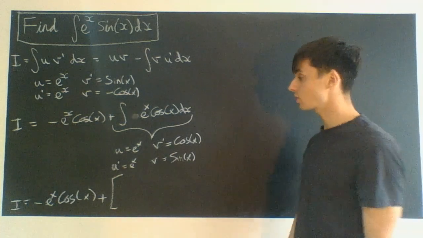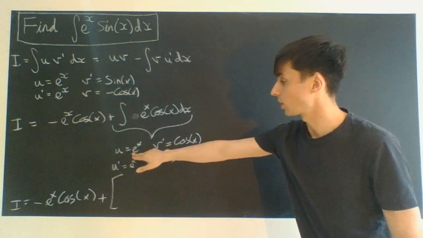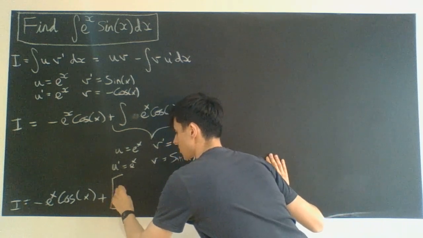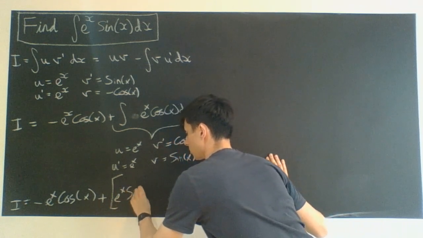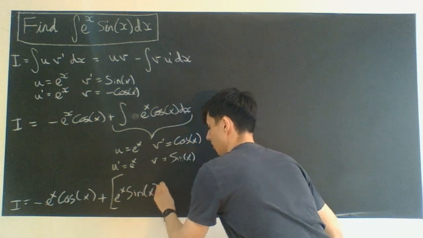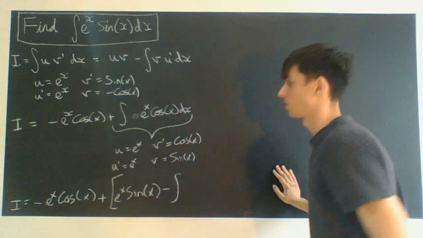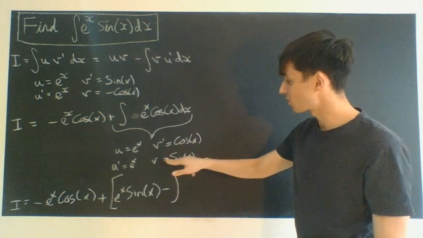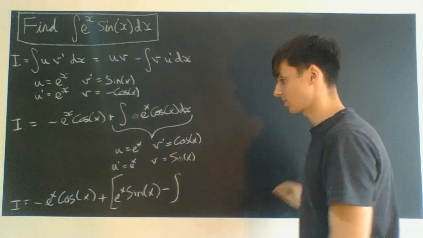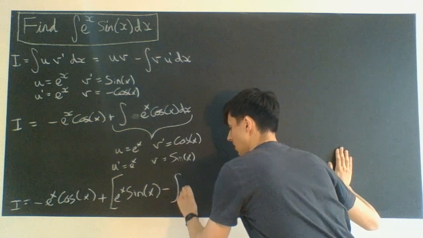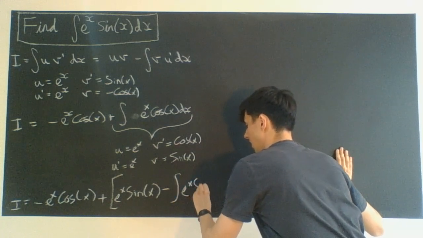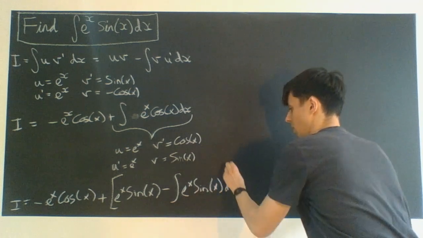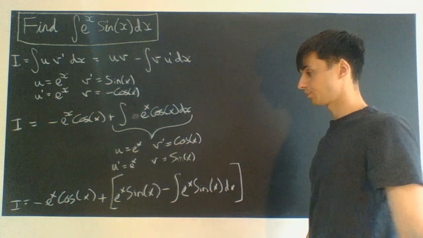And by applying integration by parts again, we can see we've got uv, so we've got e to the x sine x minus the integral of v du dx. That comes out of this formula. So v du dx is going to be e to the x sine x dx. Closing up our square brackets.